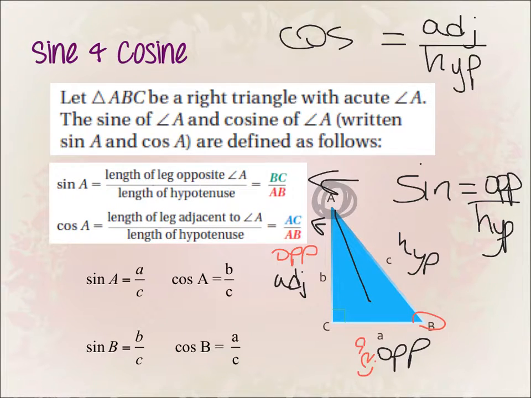So you have to look at it based on the angle that they tell you to look at. So now we have three trig ratios. We've got sine, cosine, and tangent, and that's where that SOHCAHTOA comes in.